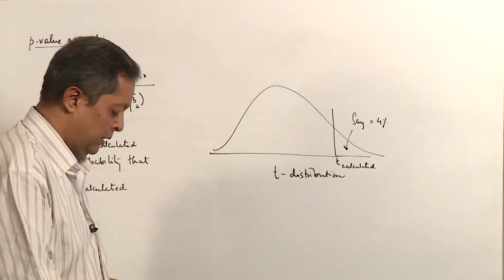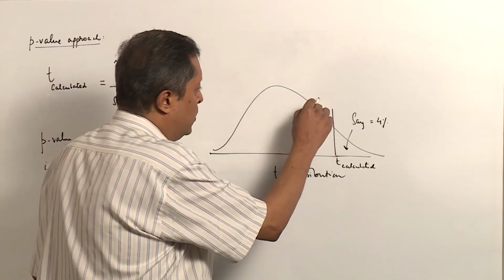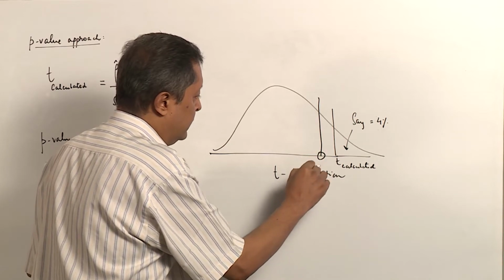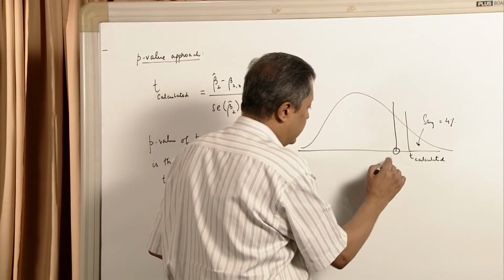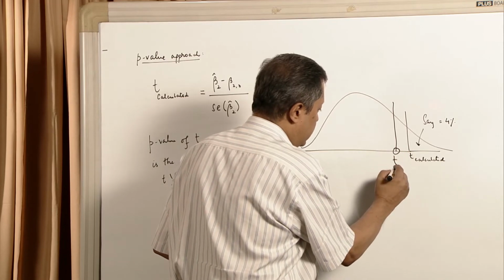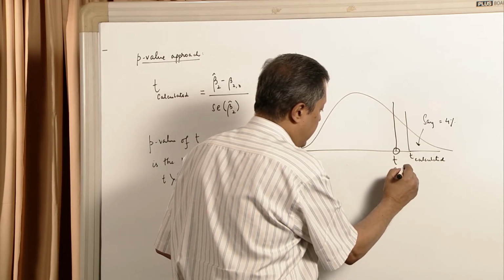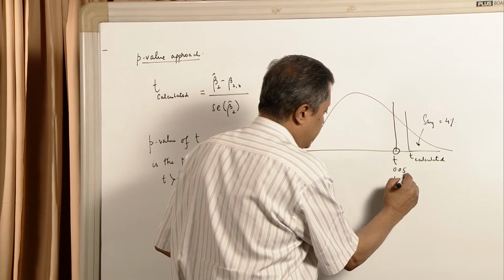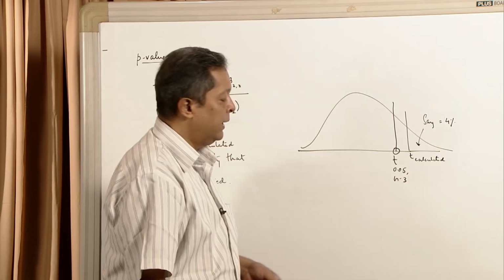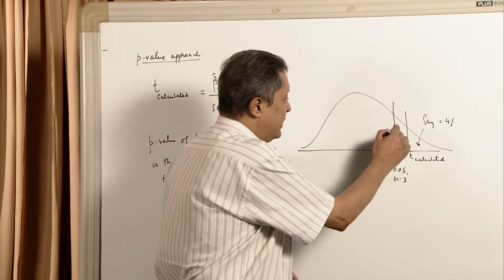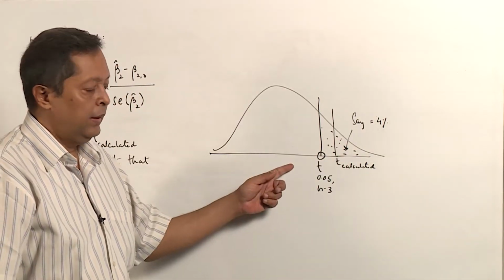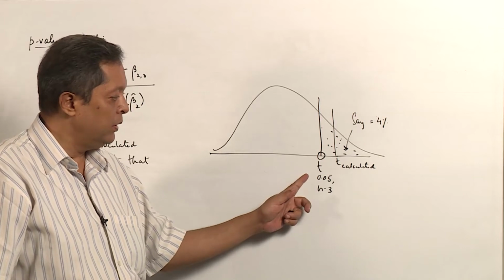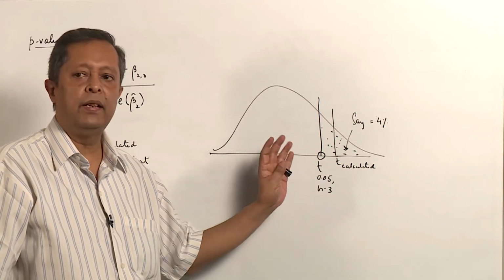Instead of taking a critical value that we had taken earlier, say this was t 0.05 with n minus 3 degrees of freedom, and in the earlier approach we said that this dotted area was the critical value. So, calculated t lying to the right of the critical value means we reject H naught.